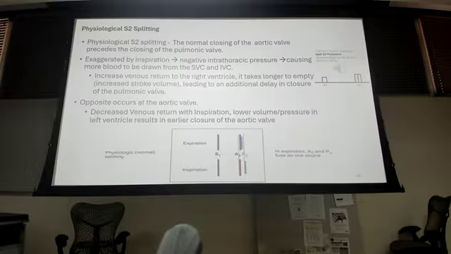And that will then lead to a premature closure of the aortic valve because you're not able to keep that pressure high enough because you don't have the volume to send that blood out and into the aorta. So that's what splits that S2. But that will change depending on what phase of the respiratory cycle you're in. So expiration is going to bring those sounds together and you may get a fusion of S2.